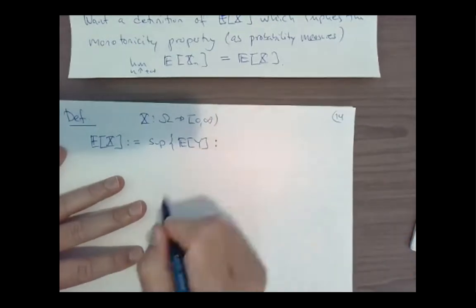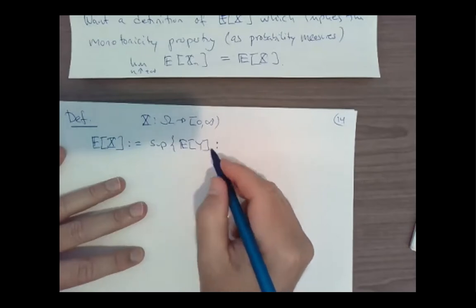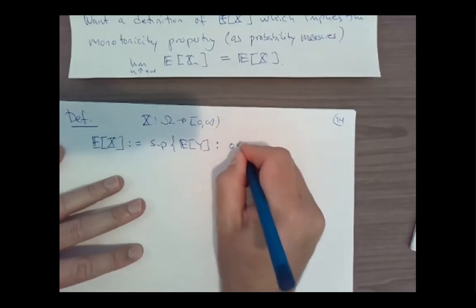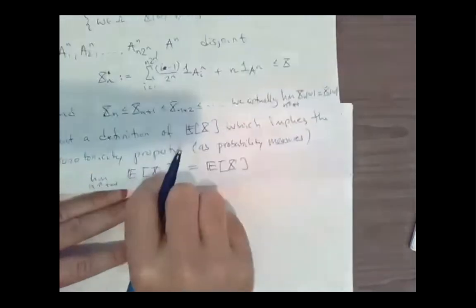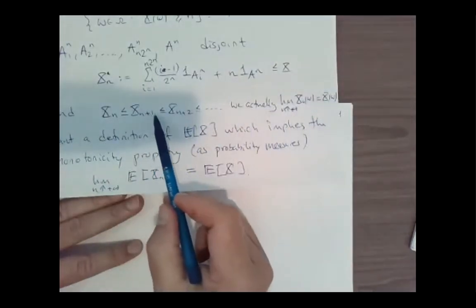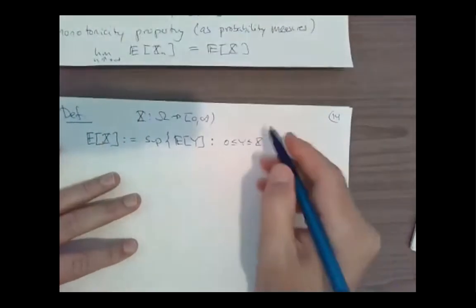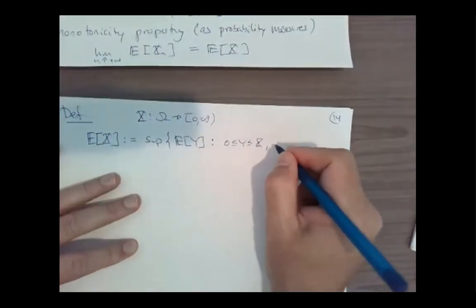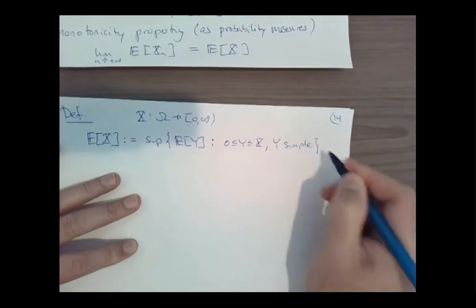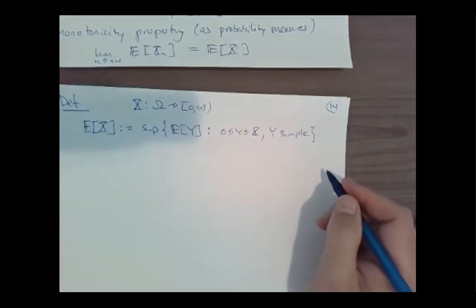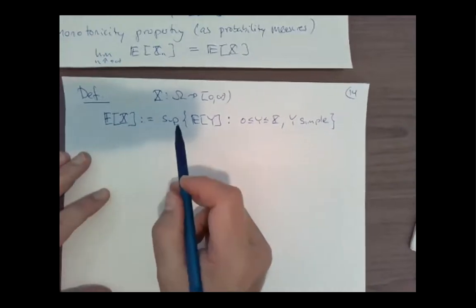This is defined as the supremum of expectations of random variables that are less than x, which is the case in what we had up here. All these were less than x. They were all simple. So y is less than x and y is simple. This is the definition of the expectation, this supremum.